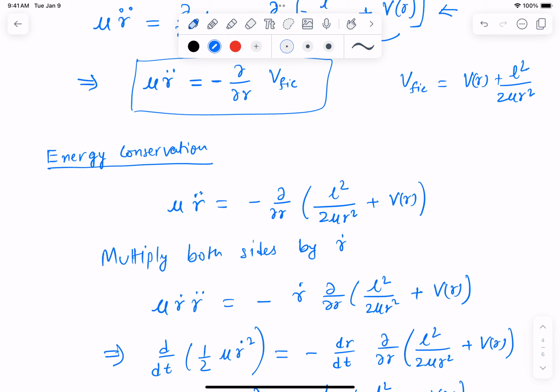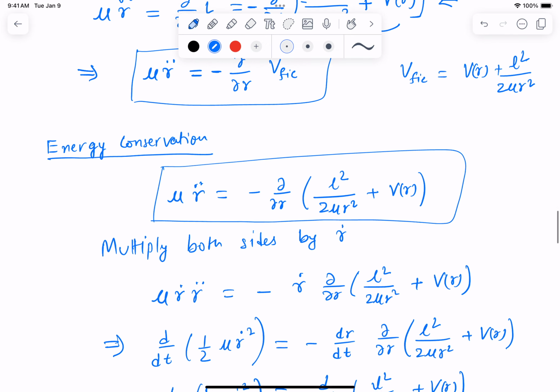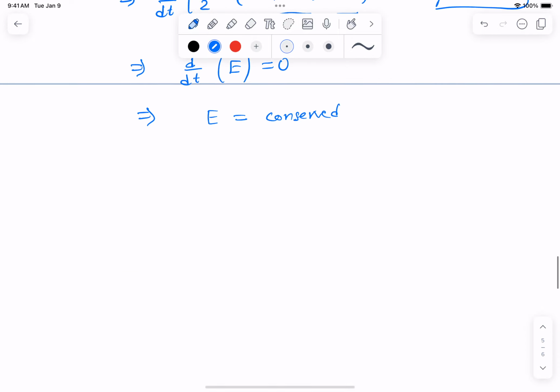Now that we have shown that the energy is conserved, let's go back. This is our equation of motion. We are really interested in the equation of motion. We want to understand how the object would behave when it has this equation of motion. So in fact, we have two equations of motion. What are those two equations of motion?